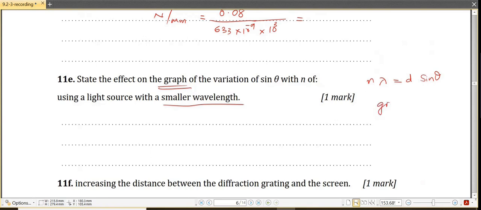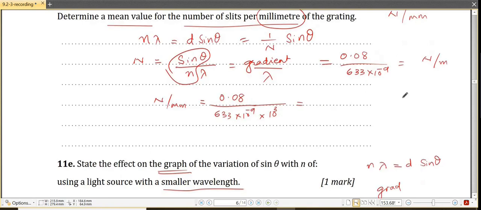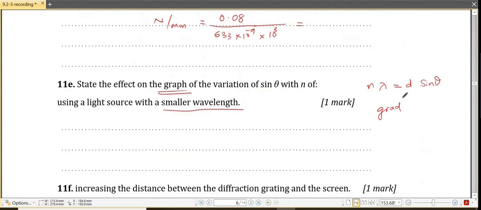So gradient will be, as we mentioned before, equal to sine theta by n, which will be equal to lambda upon d, right? I'm rearranging the equation. Now, when the lambda is decreasing because it's a smaller wavelength, what will happen to the gradient? The gradient will also decrease.